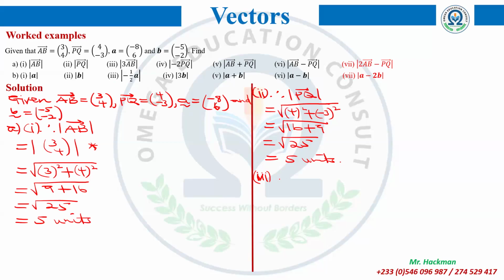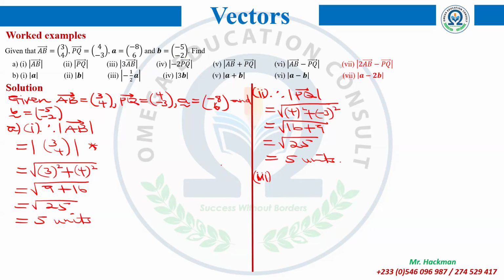So again, let me see. I'm looking at 3AB, 3 times the vector AB. Do I know 3AB here directly? No, I don't know. So it means I have to perform a little bit of algebra on my vector that I'm finding its magnitude before I can find its magnitude. Please listen carefully. Like I always tell you, think before you write.